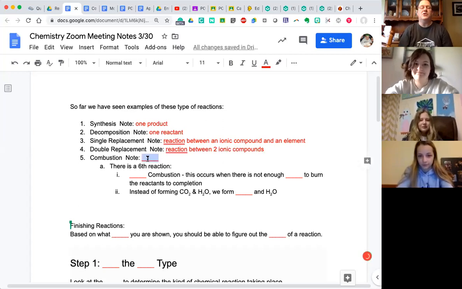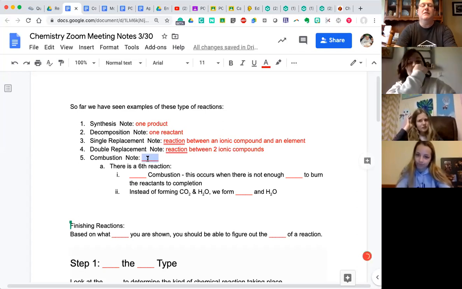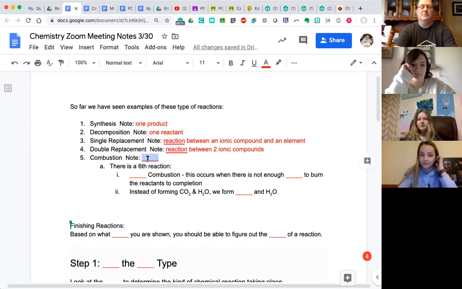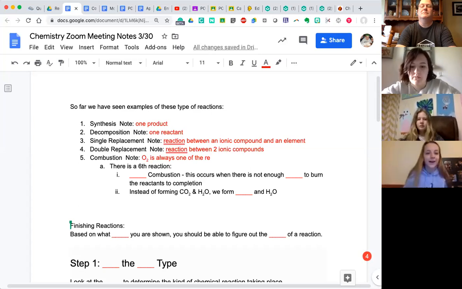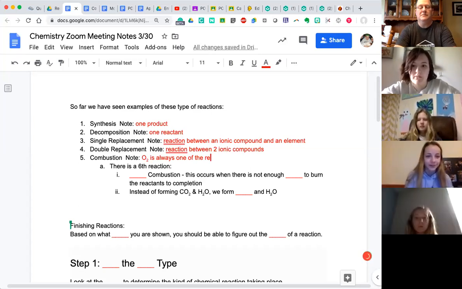Okay, Lexi, combustion. Oh, I got it. Oxygen is always one of the reactants.